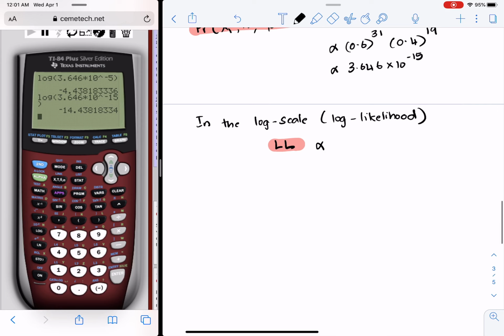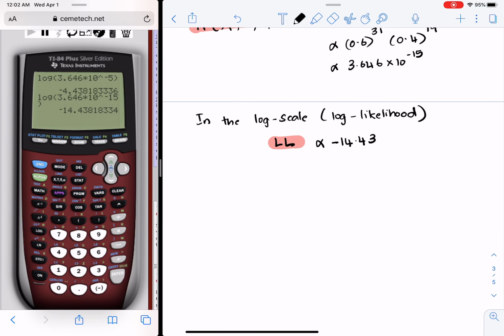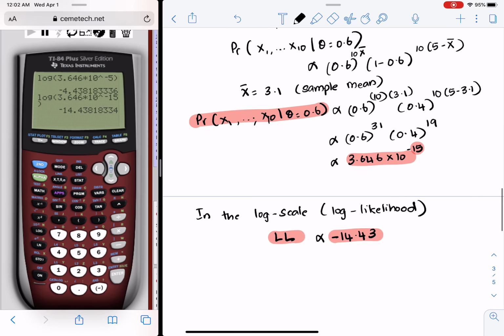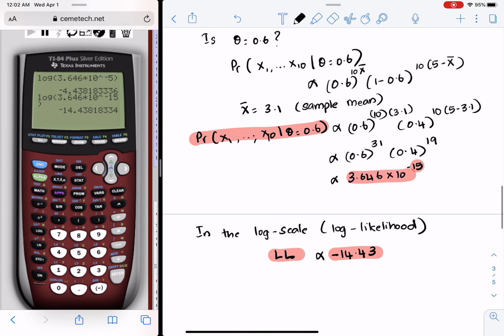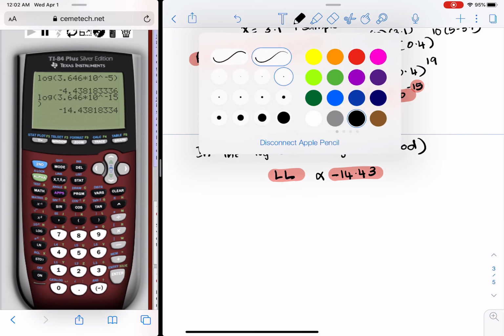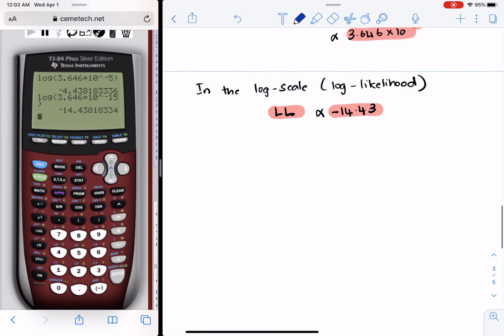We're just doing this so that we can look at things easily, numerically. In terms of understanding, this is easier to interpret compared to that. So if you can do it with extremely small values, you could go ahead and do it. There is nothing wrong with that. So when theta is 0.6, we ended up getting negative 14.43 as the log likelihood.